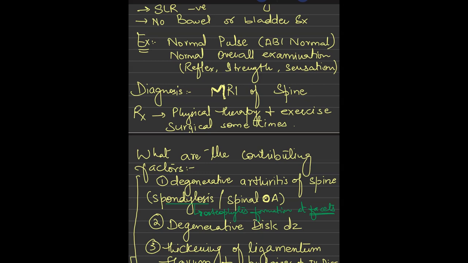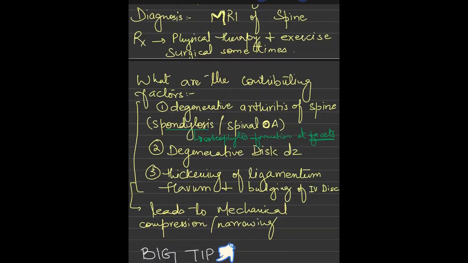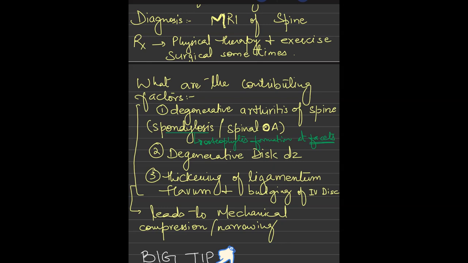What are the contributing factors to spinal stenosis? Degenerative arthritis of the spine could be one of the contributing factors. The patient is already having osteoarthritis, which we call spinal osteoarthritis. Degenerative disc diseases are there. Ligamentum flavum thickening or hypertrophy and bulging of the intervertebral disc.